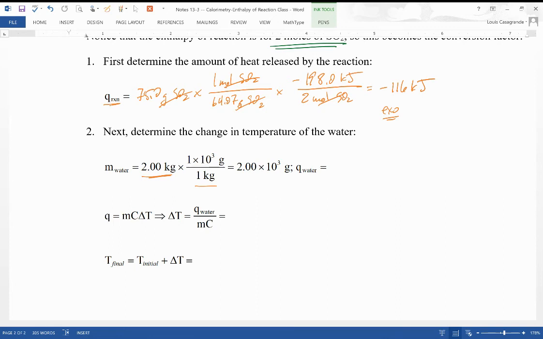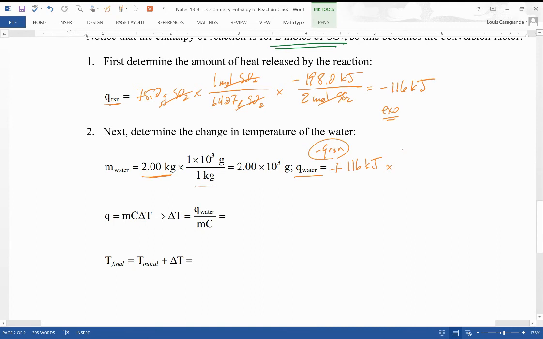So the Q of the water is now equal to, we also need to convert, since specific heat of water is in joules, the Q of the water is going to be positive. We're going to turn it around. It's going to equal negative Q of the reaction, so positive 116 kilojoules, right? So we need negative Q of the reaction, but a negative of a negative is positive. And we need to convert this to joules.